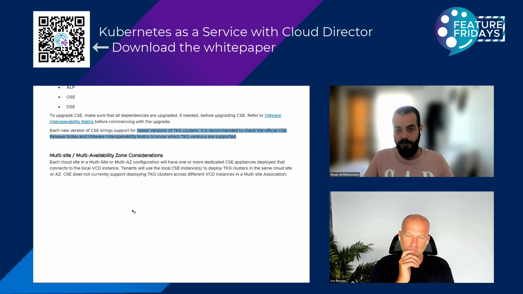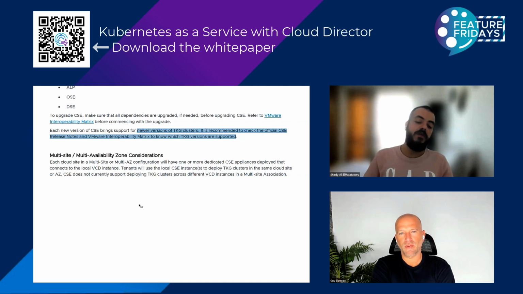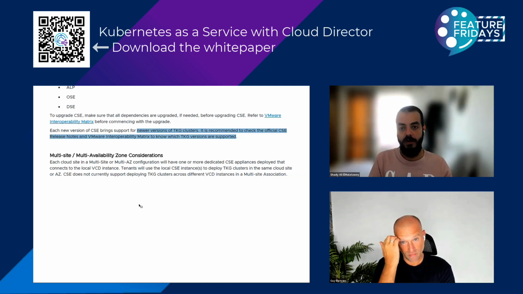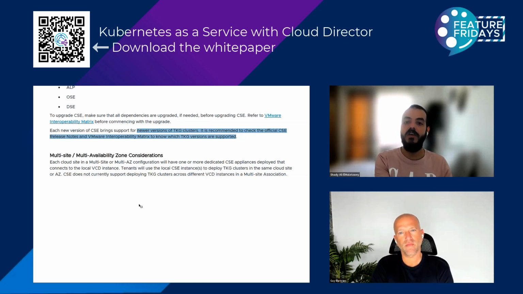Okay, exactly. So what happens is that when you integrate CSE with the VCD server, the Kubernetes plugin in that VCD instance starts to serve the users with the capabilities around that CSE instance on the local side.